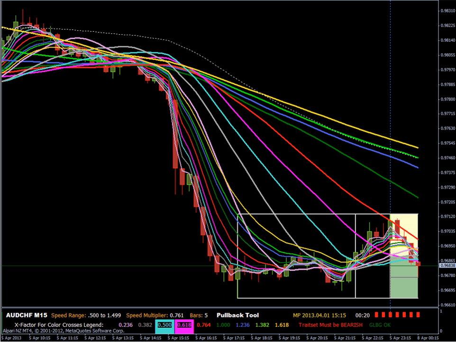Some pullbacks are deep and some shallow. We use this white dashed MA as a pullback depth flag. Deep pullbacks also may cause the SMAs to turn along with the EMAs, and that doesn't give a good cross.